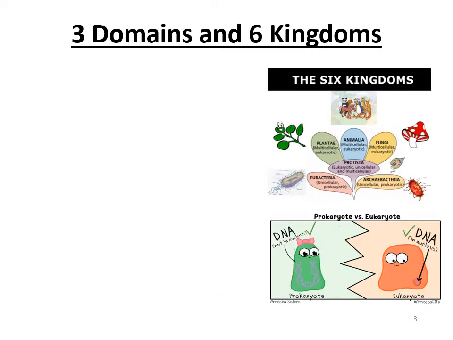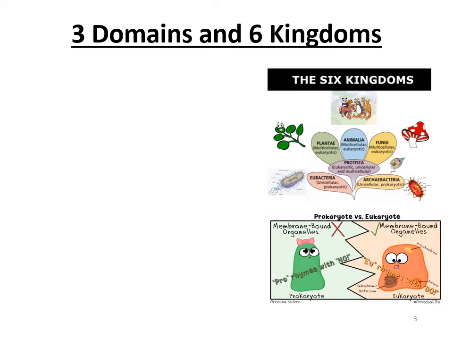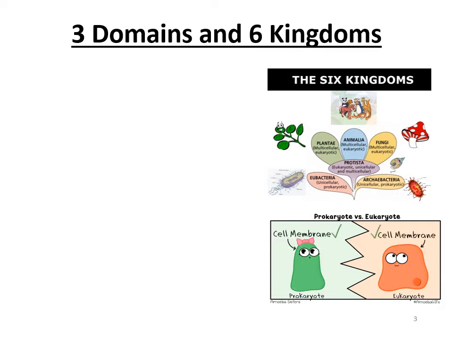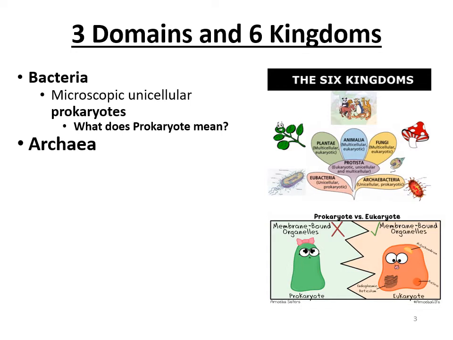So on this slide, we review the domains and kingdoms, and a lot of this early portion of the slides is more like a review for things you've probably encountered elsewhere. The three domains, which you kind of saw a little bit of on the last slide, are bacteria, archaea, and eukarya.